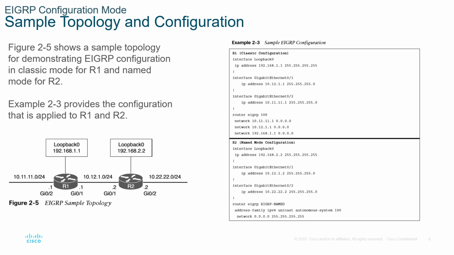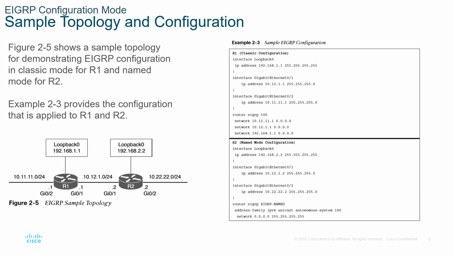Then you go into router EIGRP 100 and then do your network statements. It's pretty good to use the rule of thumb of a network statement for each connected network. So that's your classic mode.